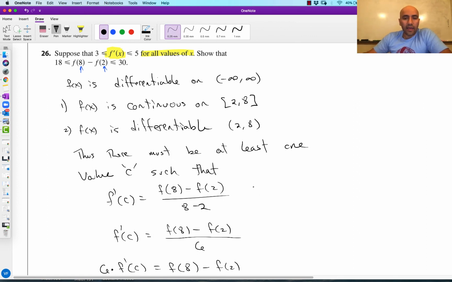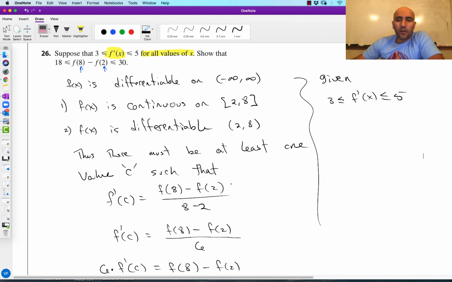Now let's come back up to this statement that they gave me. We were given that 3 is less than or equal to f prime of x less than or equal to 5. Okay, and of course c is a value somewhere between 2 and 8, so it's one of these values.